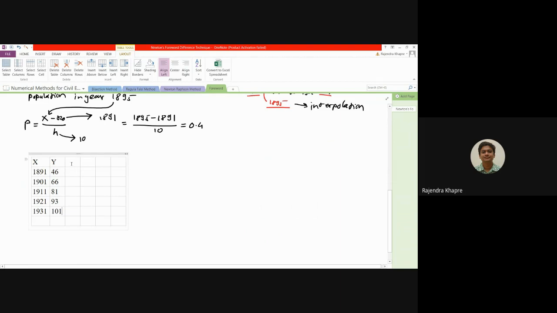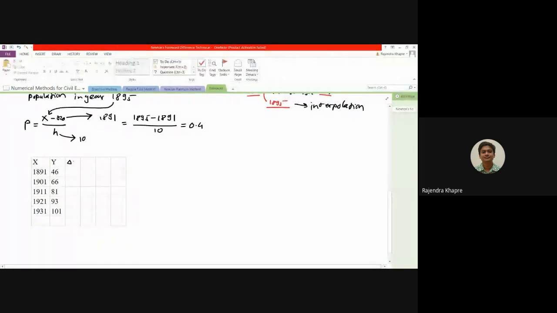Here I am going to write delta y0. In the Newton forward difference method, delta y0 is nothing but the difference of two consecutive values of y.